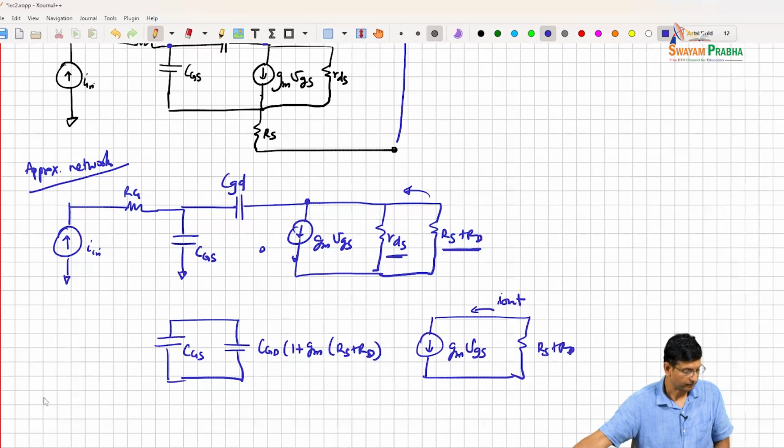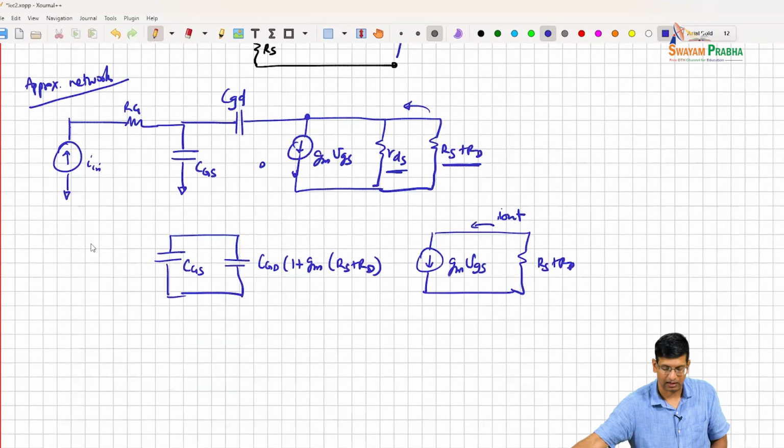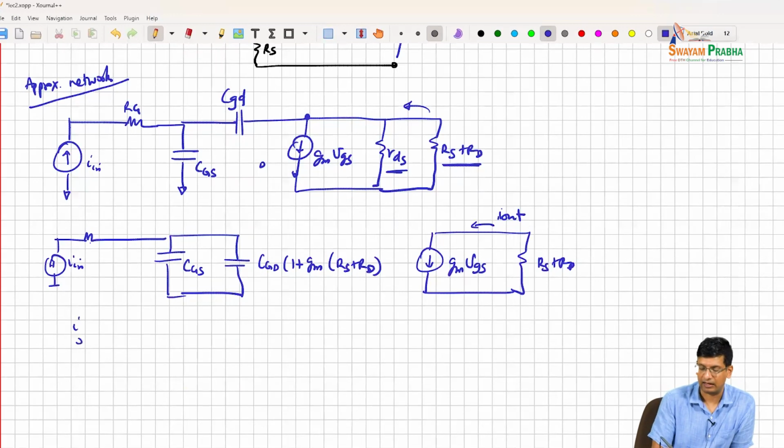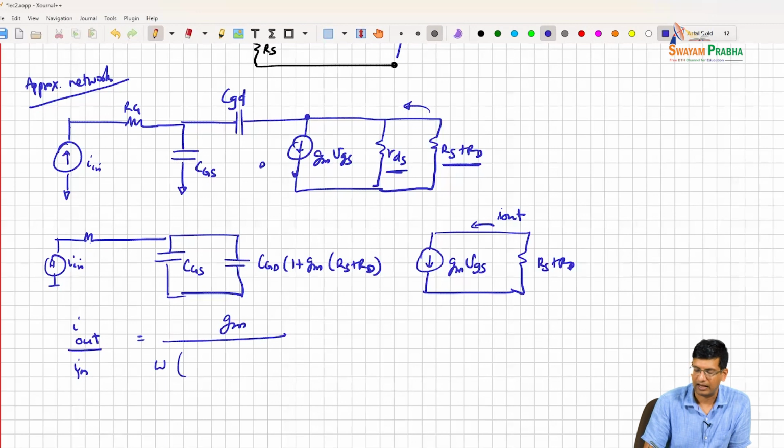So effectively then I find that compared to the situation that I had, if I do I out divided by IN, now instead of GM divided by CGS plus CGD, I have GM divided by CGS plus CGD times 1 plus GM times RS plus RD.